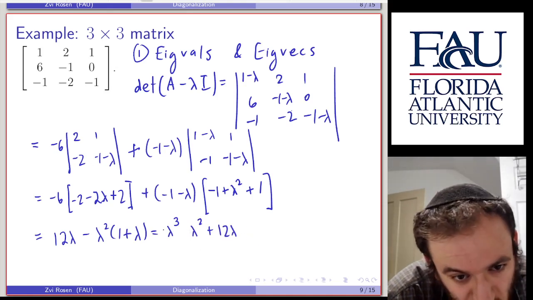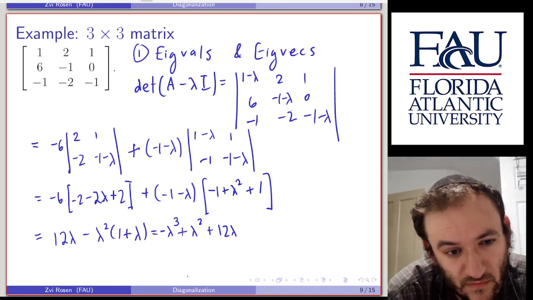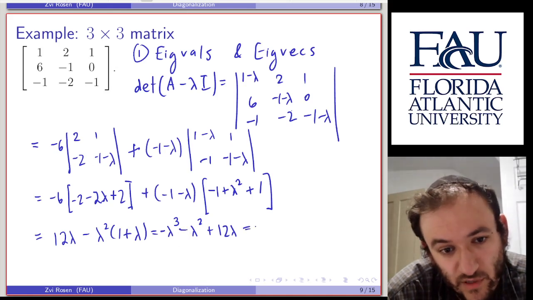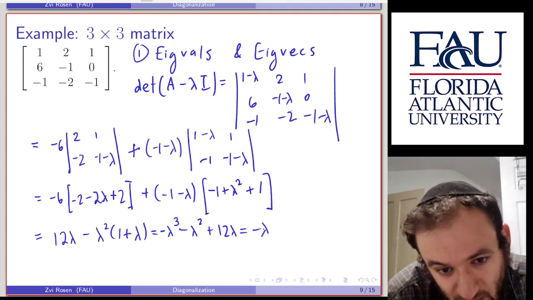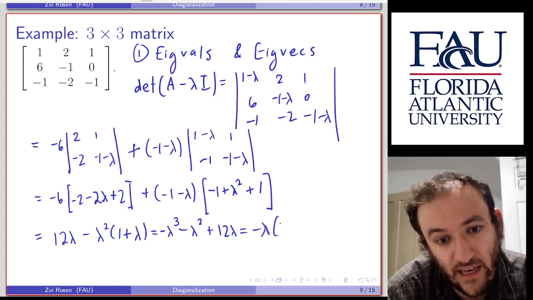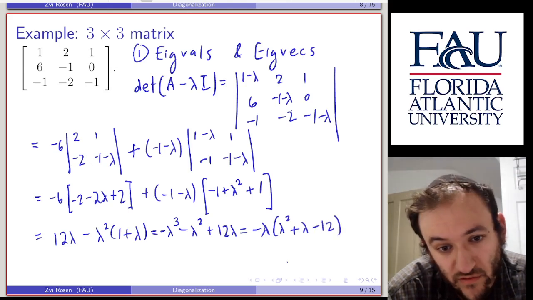Actually, minus lambda cubed plus lambda squared minus lambda squared, and we can factor out a minus lambda here to get lambda squared plus lambda minus 12.